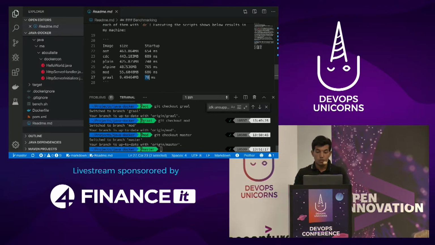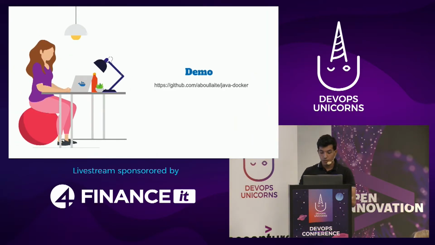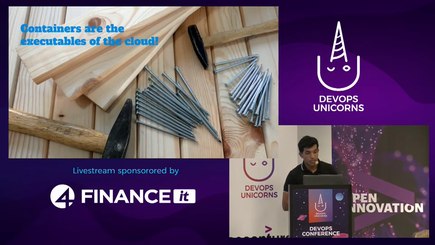And to reduce the image size, we see some improvements while using Alpine and Project Jigsaw, and also using GraalVM. So that was for techniques to improve either startup time or my image size.